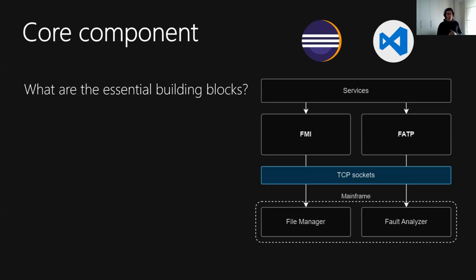Both of the protocols use TCP sockets to exchange data. So they serialize commands and then they synchronously await mainframe responses. That's how they work. And we expose those protocols through higher level services to platforms like Eclipse or VS Code. So what we have to implement first is this core component, those two protocols.